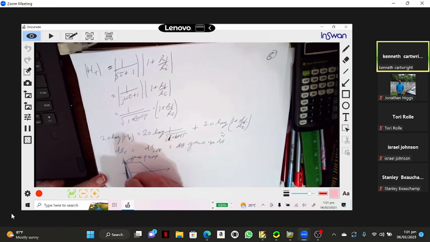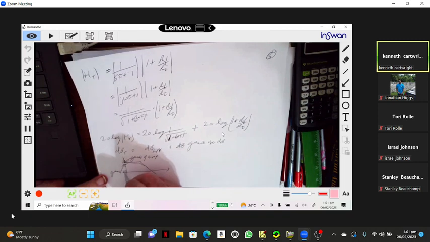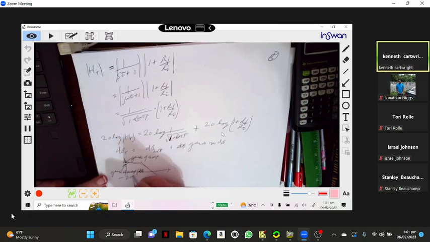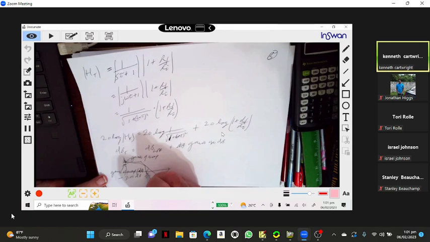And again, where's FC? FC would be negative 3 dB. So this is the gain of the amp. So where we locate the cutoff would be the gain of amp in dB minus 3.01 dB. And that will give you FC.